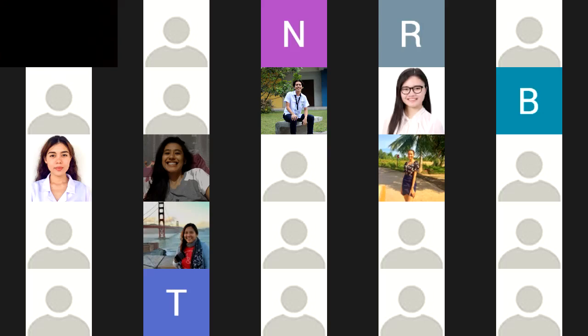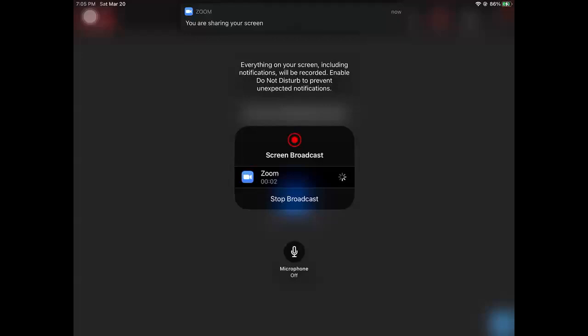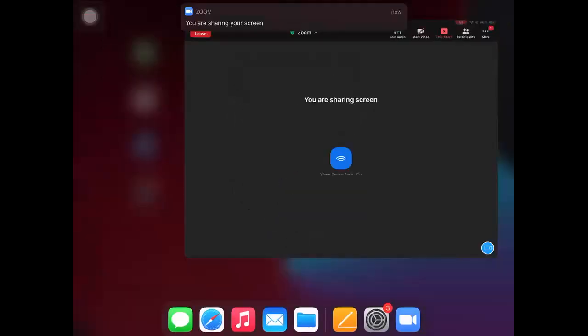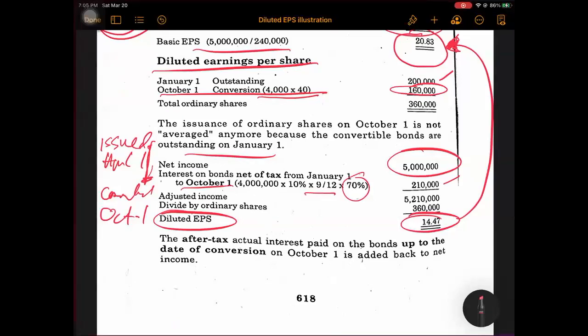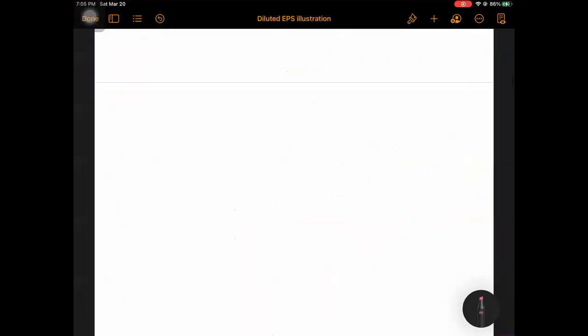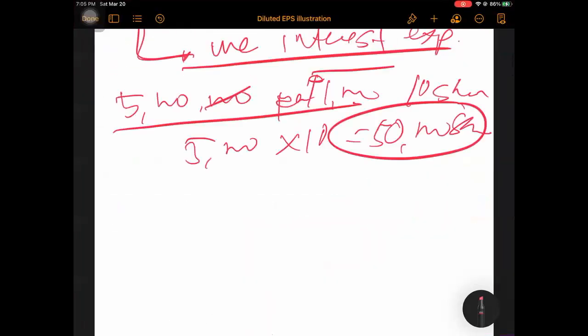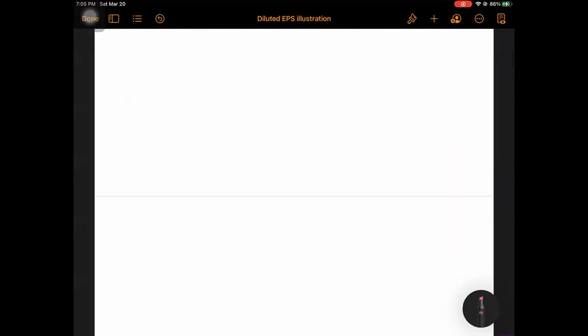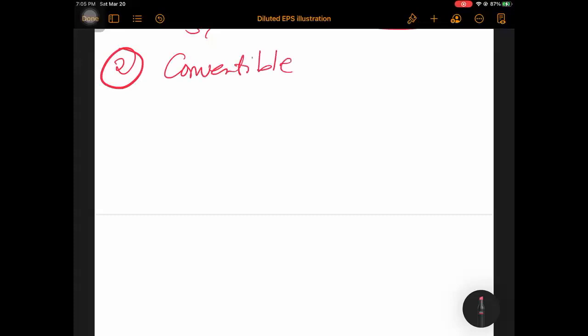So let's proceed with the second type of potential ordinary share, which is the convertible preference share. So we are done with bonds, convertible bonds. So let's proceed with the second type of potential diluters or potential ordinary share, which is the convertible preference shares.